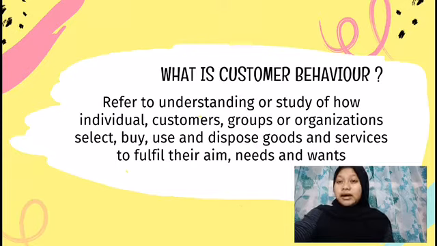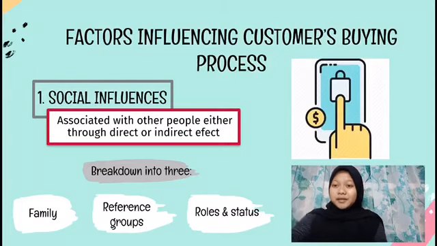There are 6 factors that influence the consumer's buying process, which are social influences, cultural influences, psychological influences, situational influences, marketing, and personal influences. Social influences. Social influences are associated with other people either through direct or indirect effect.